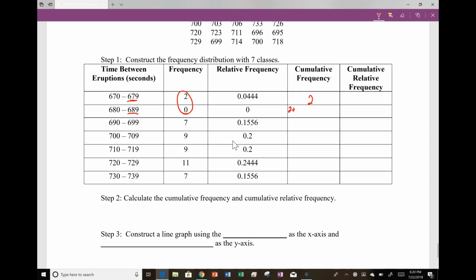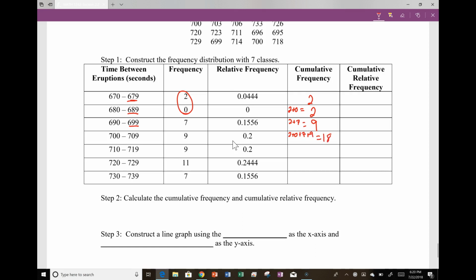What I did was I took 2 plus 0 and got 2. Below 699, I took this 2 right here, my previous value, and I added 7 to it. Now I'm going to take this 9, or it may be a little bit easier for you to see: 2 plus 0 plus 7 plus 9 is equal to 18.